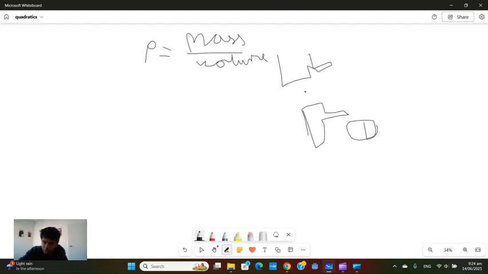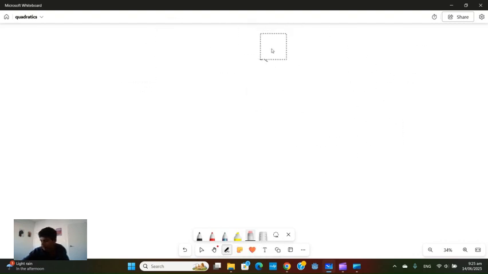If you say there's water up to here, just not going out, if you put an object in, based on the amount of water that comes out and gets measured into here, that is the density of the object. An extremely dense object will move more water than a less dense object.